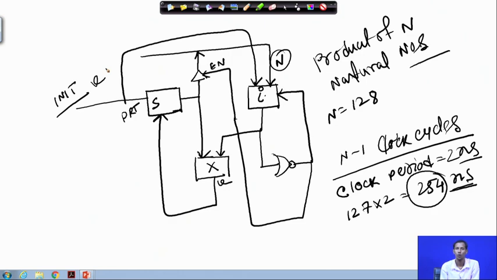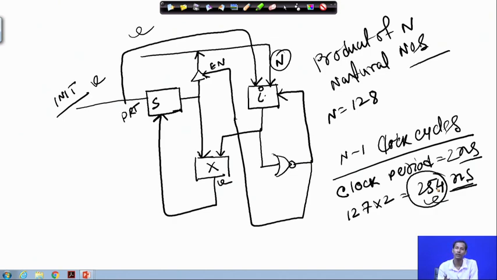Okay. So, it depends on the application, for which application you are designing the corresponding function or expression. If in one particular system you have the liberty that you can wait for 254 nanoseconds, then you can go for this particular implementation.